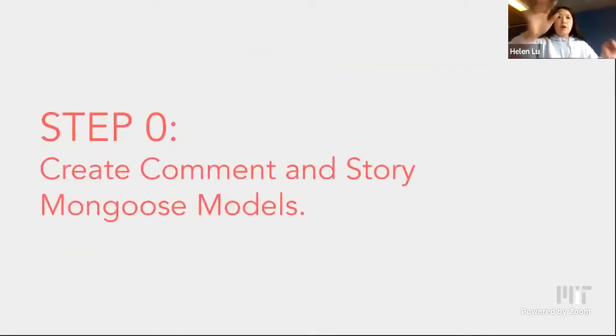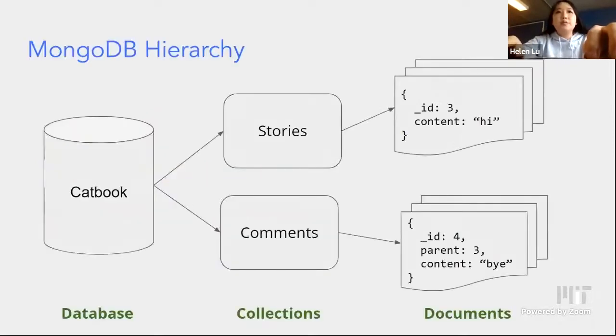Moving on, the next step is to create our comment and story Mongoose models. Recall from Akshash's lecture that for our Catbook database, we want two collections: the stories collection and the comments collection. Each of these collections has documents or objects, the story objects and the comment objects.